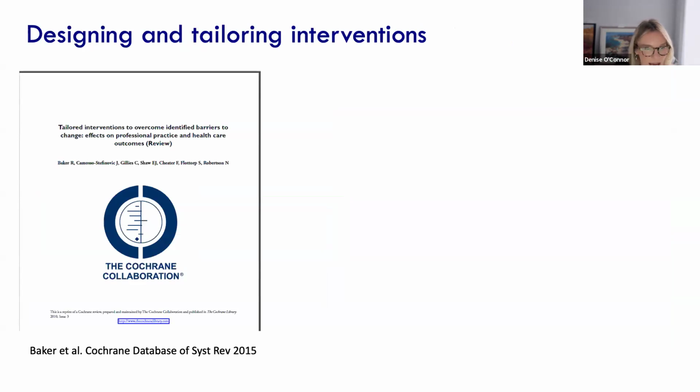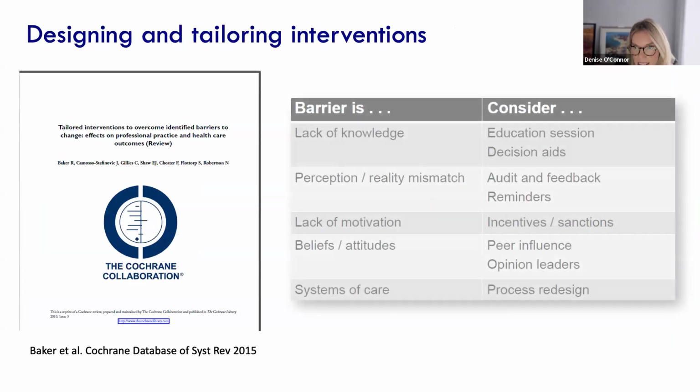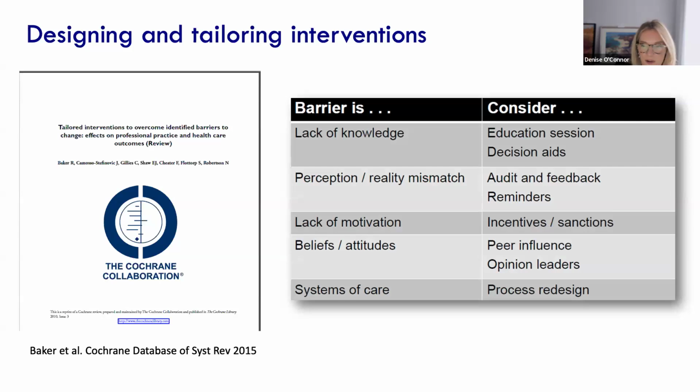And we can use pragmatic approaches to tailoring like this. So we can provide education or decision aids if we identify that knowledge is a barrier, or we can draw on opinion leaders if negative attitudes need addressing or changing, persuading.